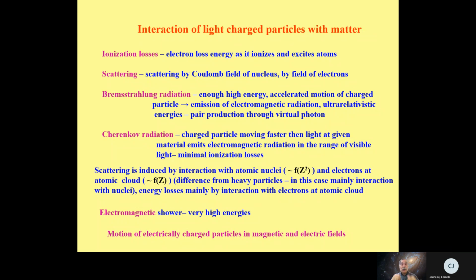But it is possible to detect this Cherenkov radiation, and from it to obtain some information about the charged particle. Okay, this scattering, as I said, is induced by interaction with atomic nuclei. In this case, the dependency of such interaction is on the square of the atomic number, from Coulomb interaction.